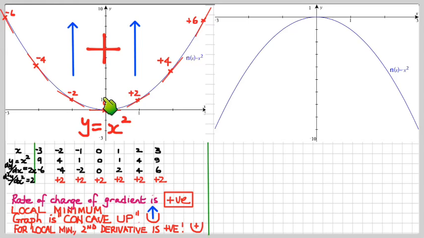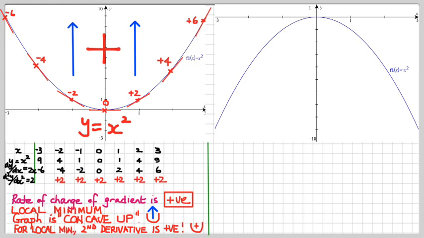If you test the value of the second derivative there, and if you get a positive answer, you've got yourself a local minimum, guys. It's a much less tedious and more wonderful technique to use than that tedious thing where you've got to test the gradient either side of the stationary point.